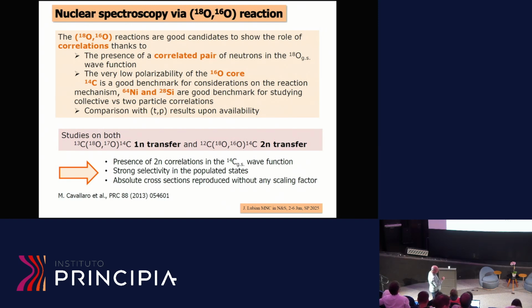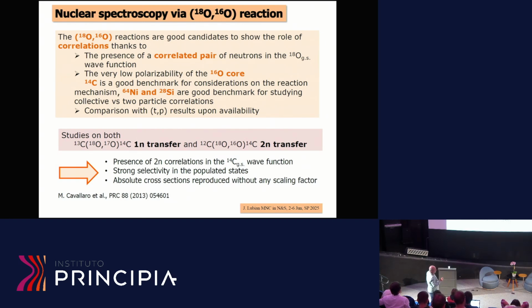In the first work, we have done not only the two-neutron transfer, but also the one-neutron transfer in this reaction that might populate the same state in the carbon-14 final state.